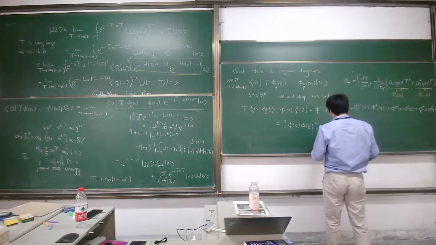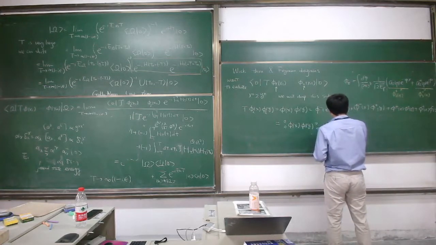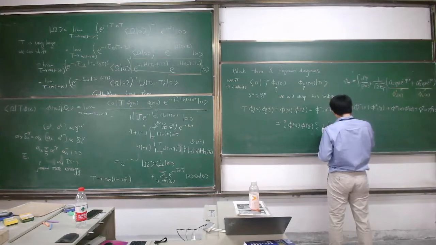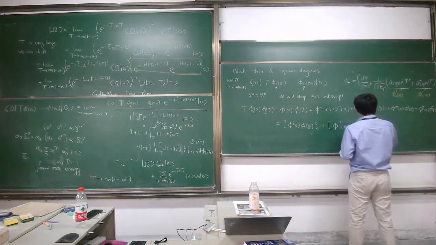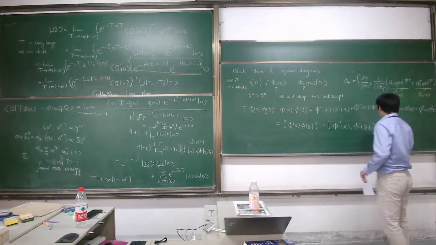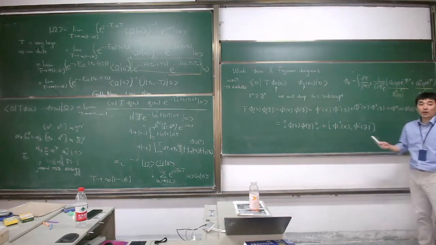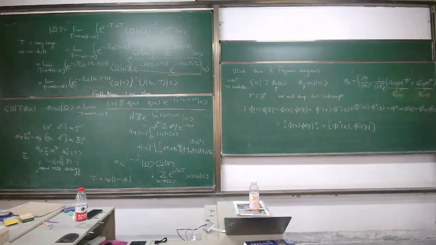So therefore, the cost of the normal ordering can be compensated by adding this commutator. Am I correct? Yes.